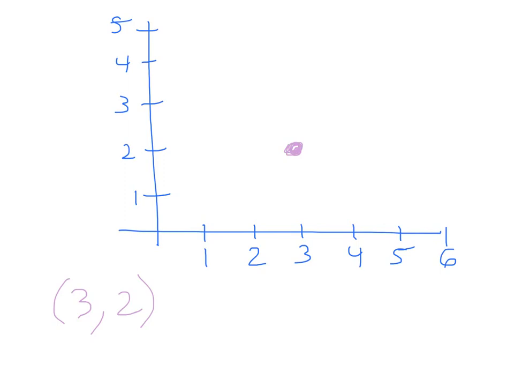Okay. If I did this for you, let's see if you can see that. If I did this, could you tell me what ordered pair that was? Oh, who hasn't answered something yet?